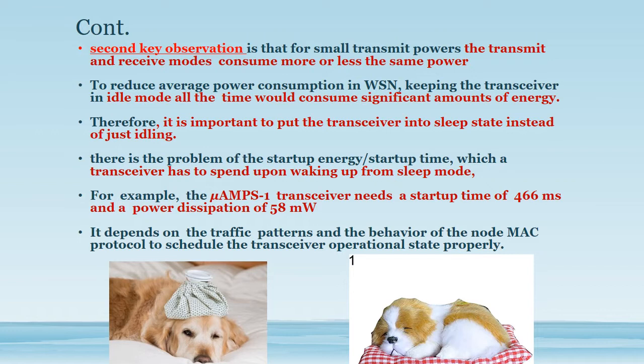This process itself consumes power and wake up time. For example, in the μAMPS node, one transceiver needs a setup time of 466 microseconds to wake up from sleep mode to idle mode, and also a power consumption of 58 milliwatt for the transition between sleep mode and idle mode.